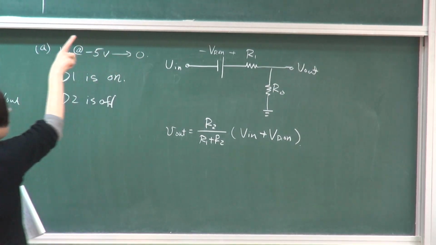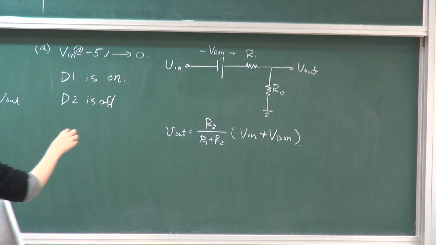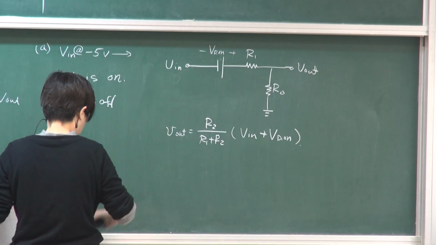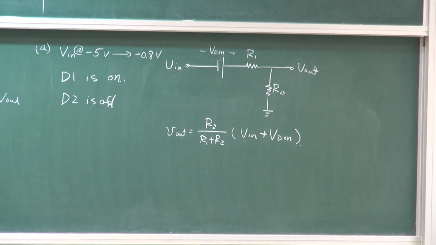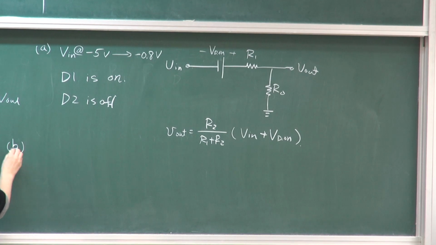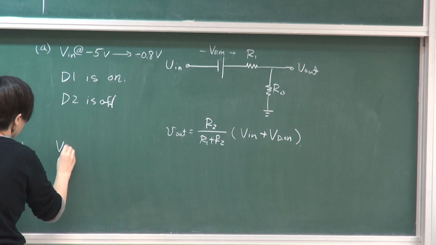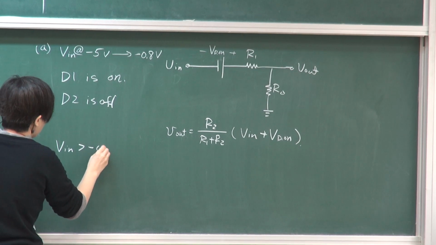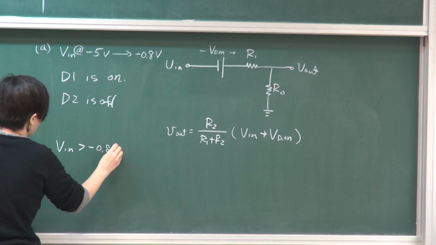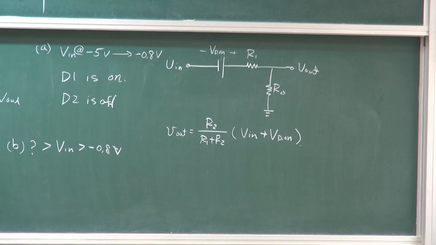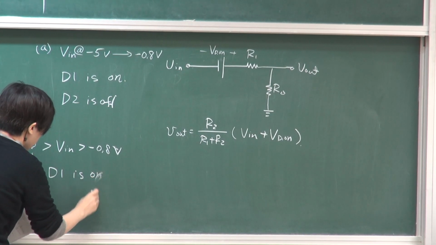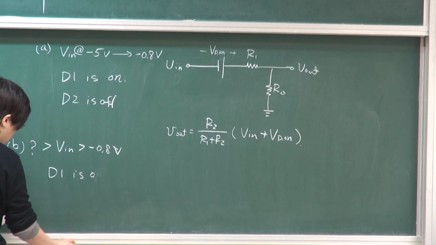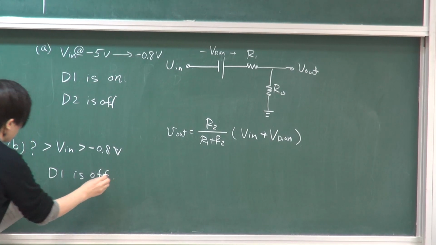I don't actually know, but based on this projection, I know once it hits minus 0.8, it's at the boundary. Okay? So based on this projection, I know that the Vin is larger than minus 0.8, but lower than a certain level, we know that D1 is off. It's off, meaning that there's not enough voltage to turn it on.